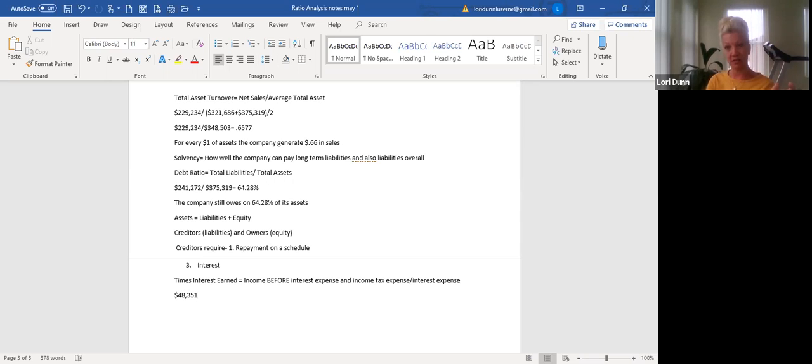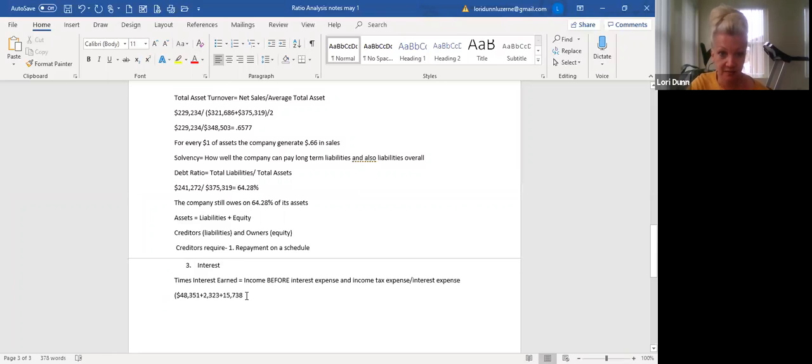We don't want them to be deducted, so add them back. So $2,323 is the amount of interest expense that needs to be added back. And you can see the income tax, $15,738 of the income tax expense needs to be added back.